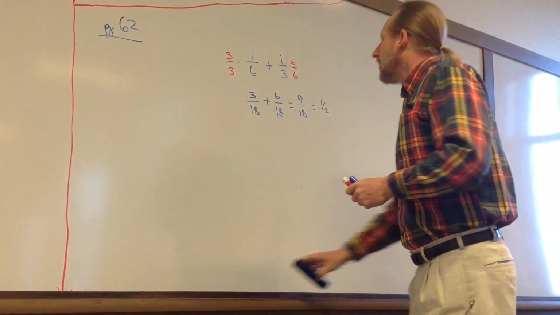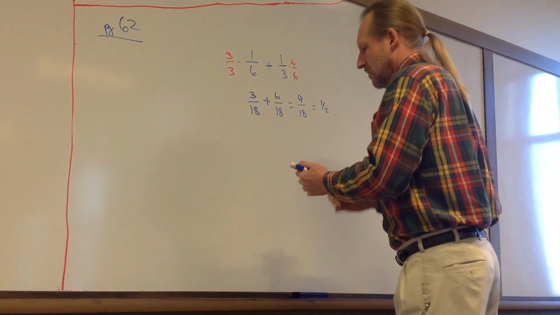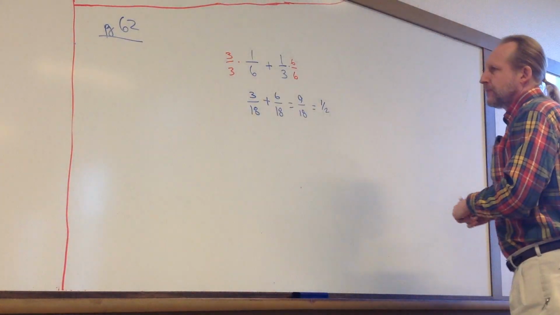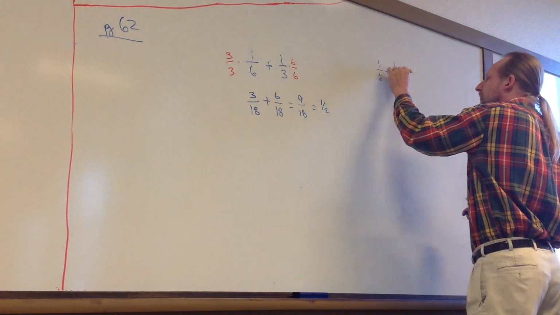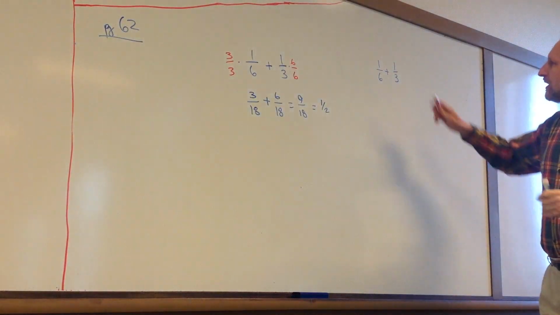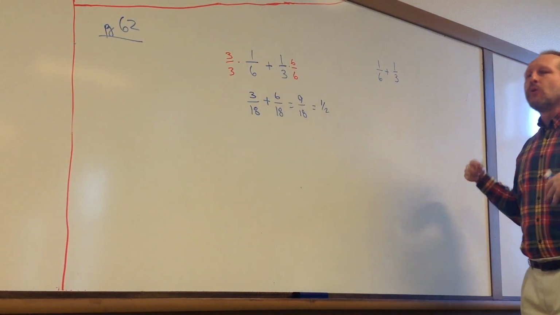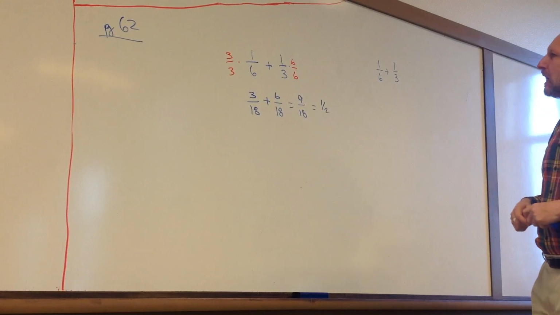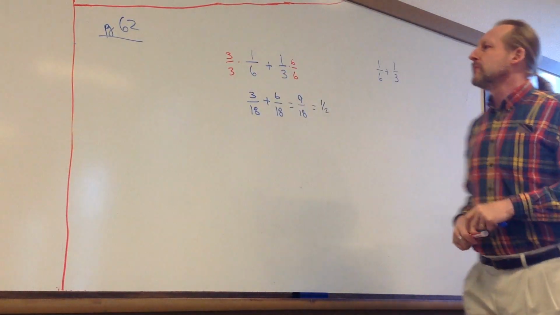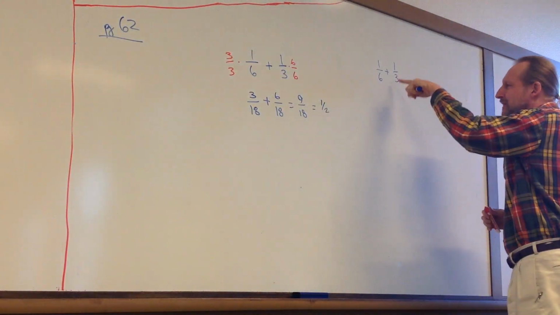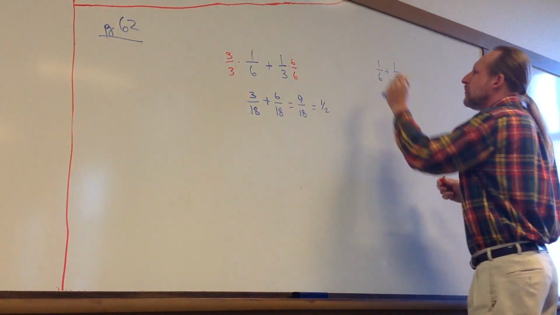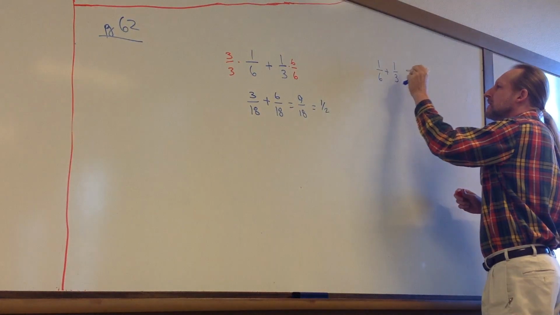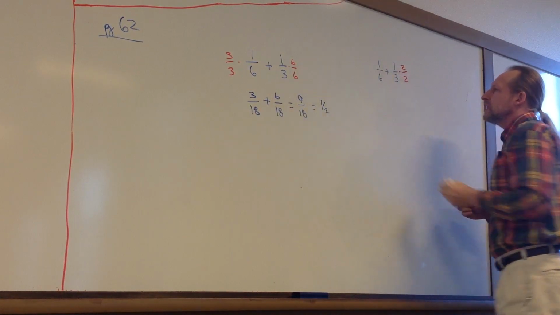So, what if we wanted to add 1/6 plus 1/3? Now notice how the 3 is a prime number. I keep pointing out that our denominators are prime, and so we had to do this process. But in this case, the 6 is not prime. This is 2 times 3. We can turn this denominator into a 6.